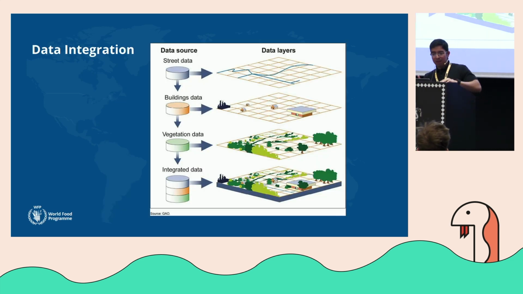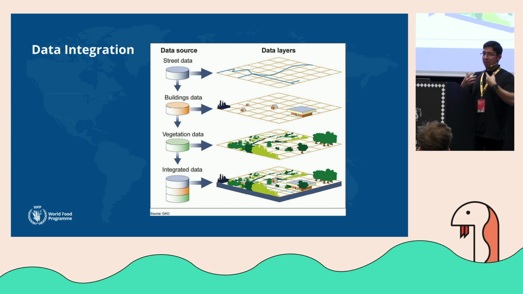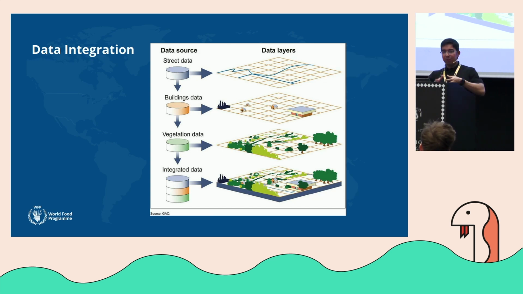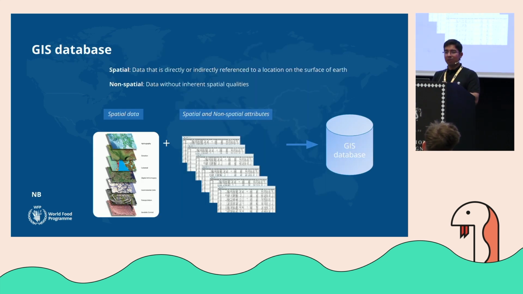And as I mentioned, when you create a web map, it's an integration of different data sources. As I showed you, you have admin 0, admin 1, and admin 2, and each one goes above the other. You can create a combination of those layers or tables, and then you can assemble your own database.